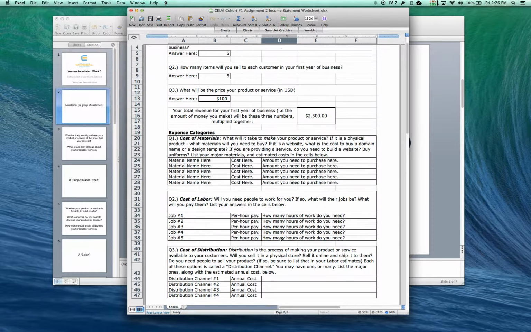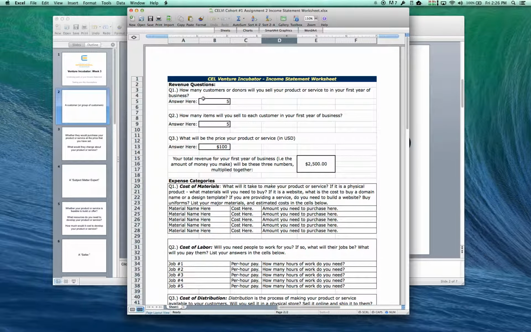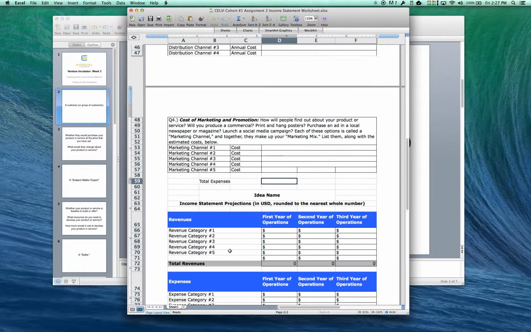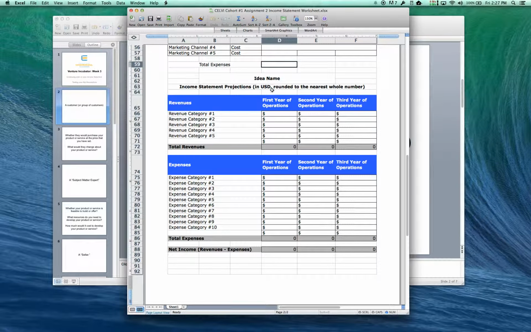And you can use all these numbers, the numbers for revenue and the numbers for expenses, to revisit the worksheet from last week and come up with a basic income statement. This is an important exercise for any new business. You need to determine how much money it's going to cost to start the business and how much money you will make.